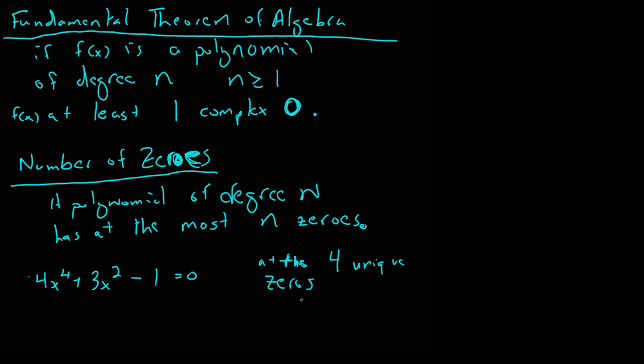In fact, if we include multiplicity, if we have (x plus 2) squared, that's a degree 2 polynomial, and so it has one zero, but it's repeated, then we can say a polynomial has n roots, including their multiplicity.